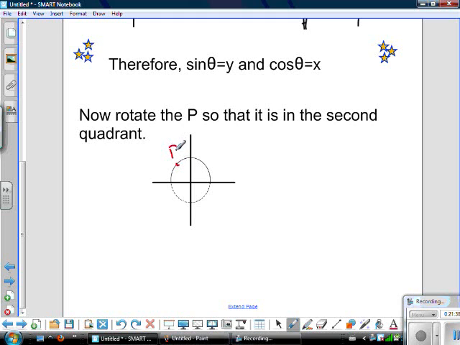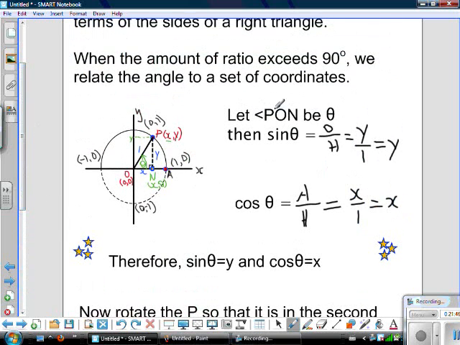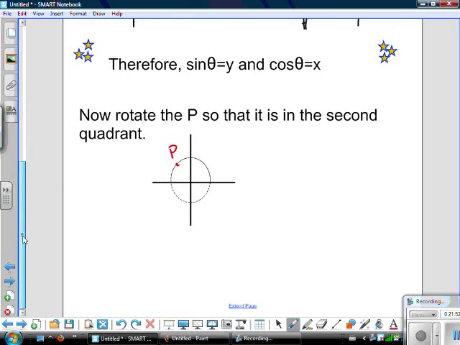Okay, and again, because we defined up here what the angle is, and the angle still would be PON, what we end up with is our theta becomes this.